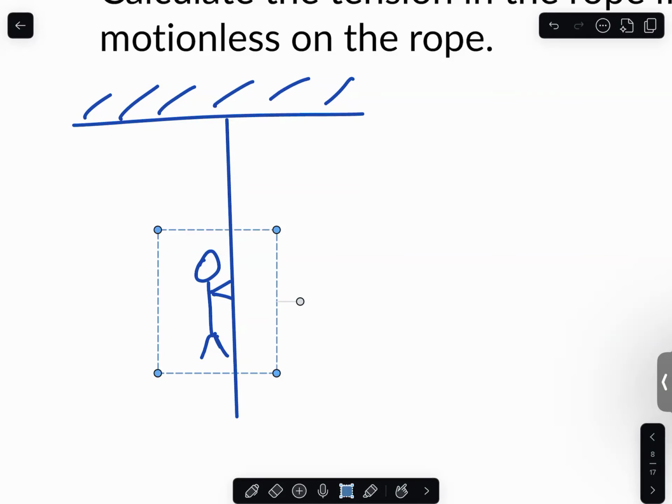Use the process. External forces is correct. I want you to name them.